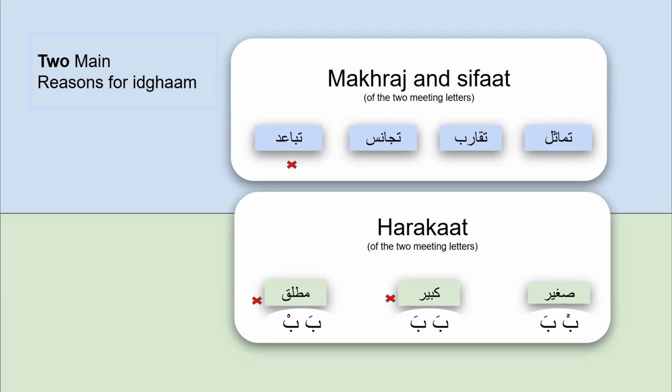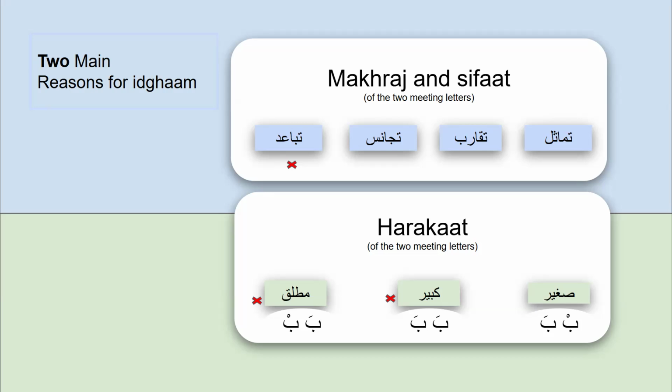We also look at the harakat of the two meeting letters. After determining the relationship in terms of the makhraj and the sifat, we also look at the harakat. When the first letter is sakin and the second one is mutaharik, this relationship in terms of the harakat is called saghir.